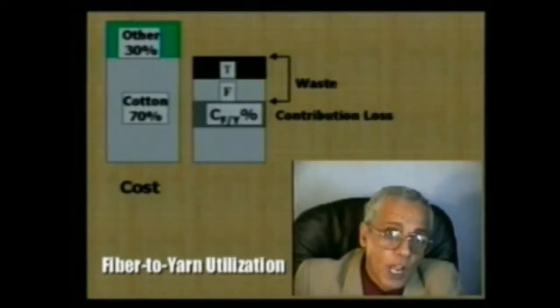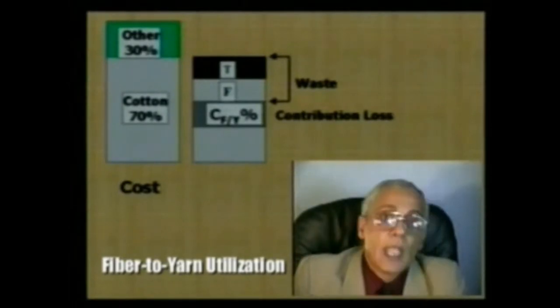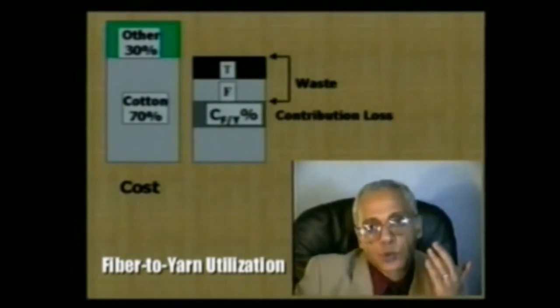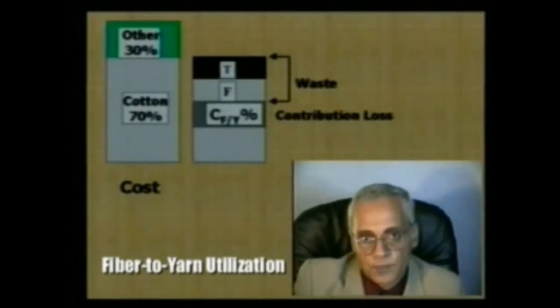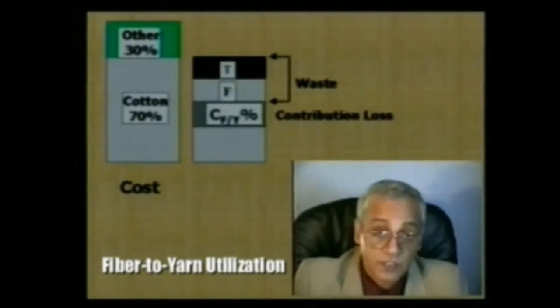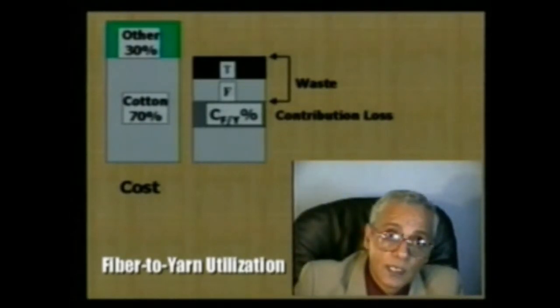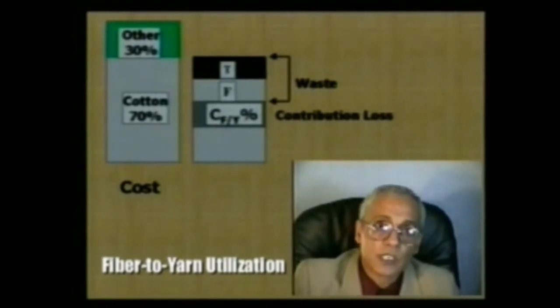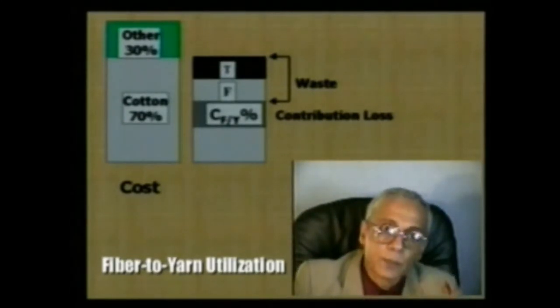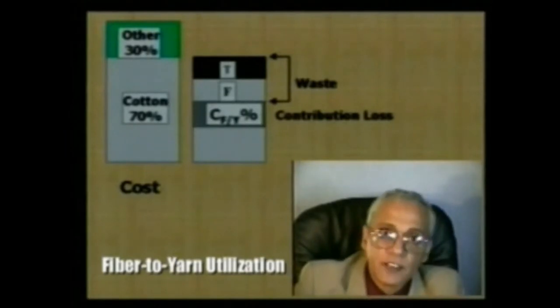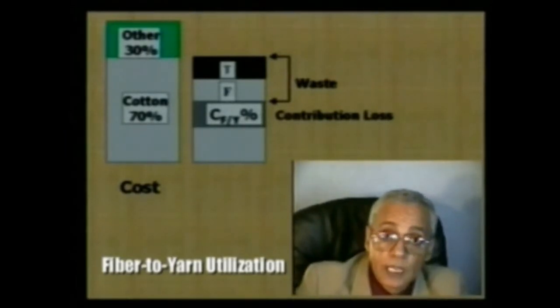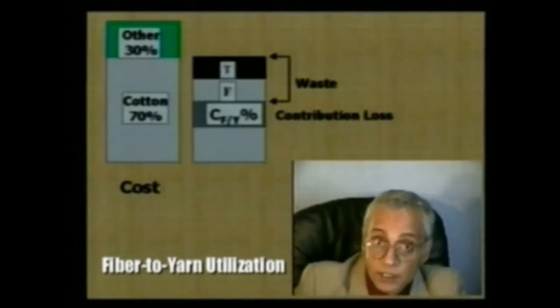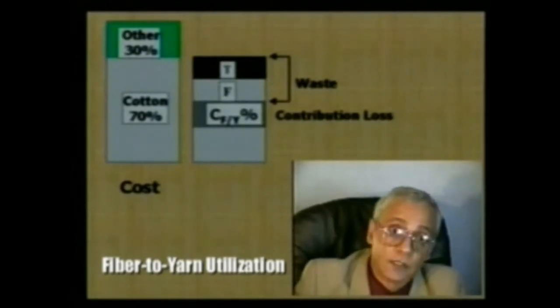How much is your yarn to fiber strength efficiency? How much is your yarn to sliver, for example, nips efficiency or deficiency in this case? There are many factors here that if we look at them closely, we can save a great deal of effort and money, and we can certainly reduce the cost of raw material.